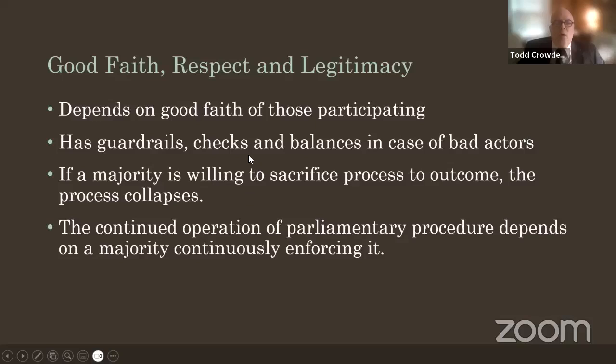And the whole enterprise is going to fall apart if the moment an assembly convenes, people are looking for ways to get out of the rules or to say that they don't apply to them. When the group has agreed to a set of rules, it's only going to work if people are willing to live with those rules and their outcomes.